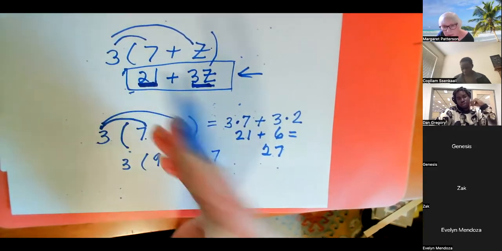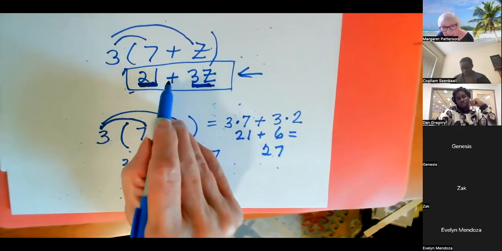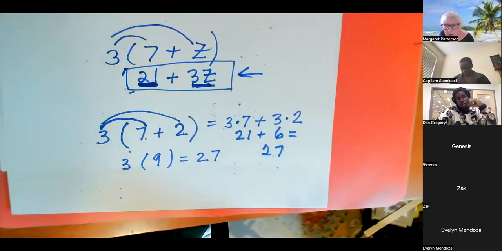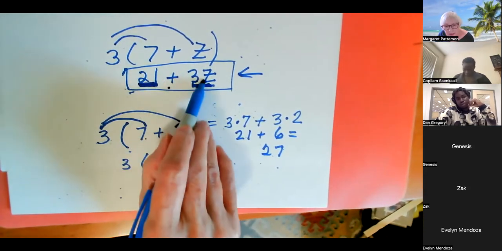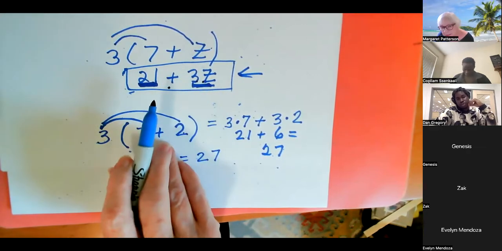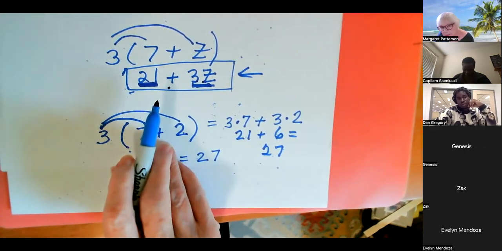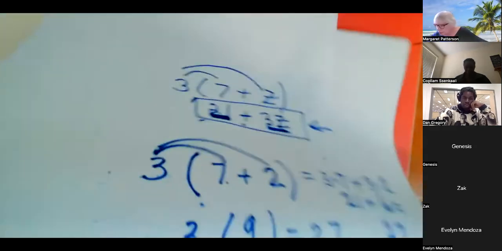This is a number. It's night and day, and so you just have to leave them separate. So the question says simplify. We don't divide it by 3. That's the end of it. That's simplified. For now, that's the best you can do. Okay, thank you. All righty.